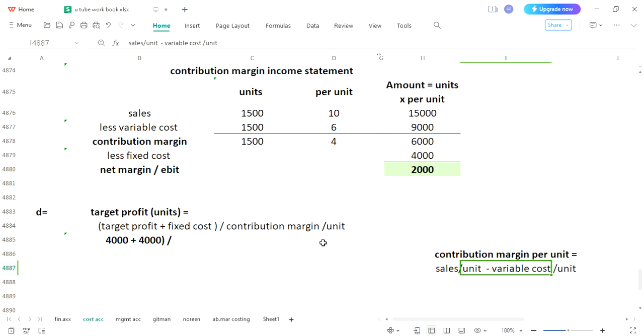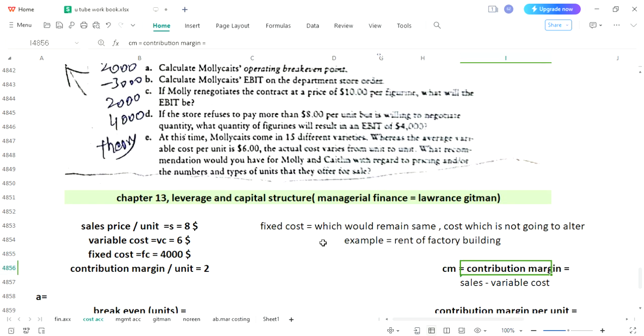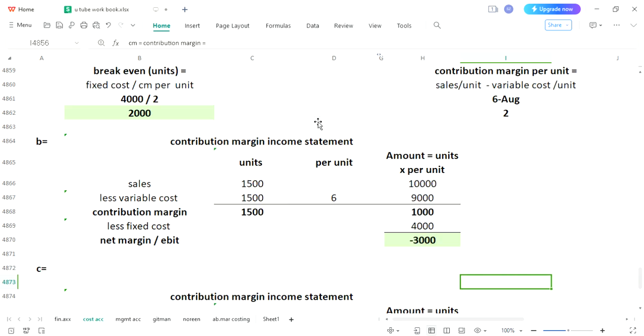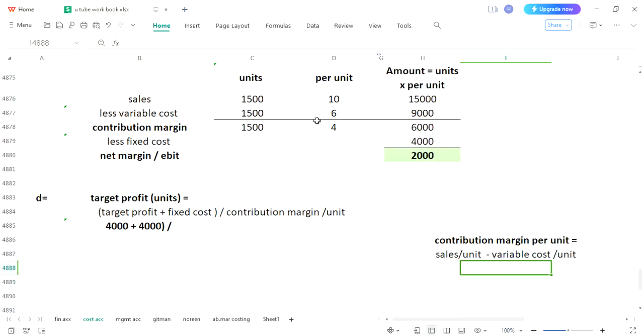To put the amounts over here, let's go back to the question and see. At D point, the store is paying only 8 per unit. So the sale price is 8, while the variable cost we know is 6. So a contribution margin of 2 would be there.